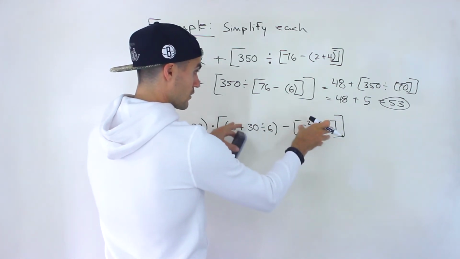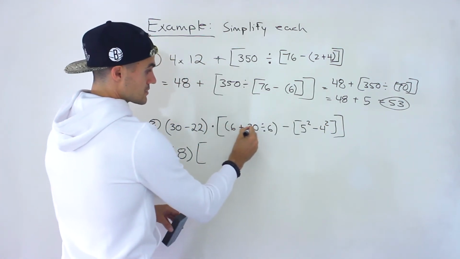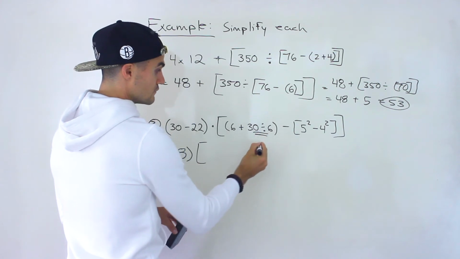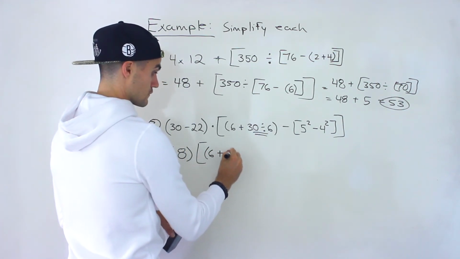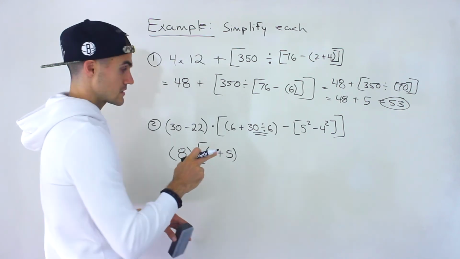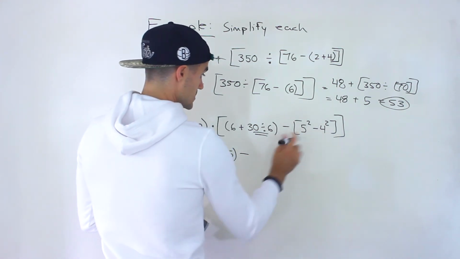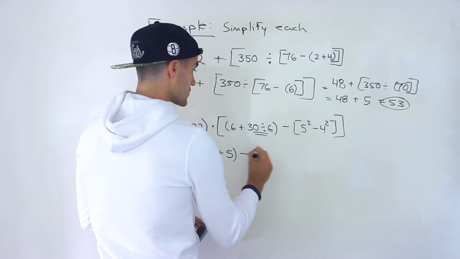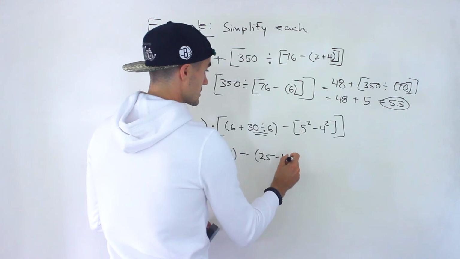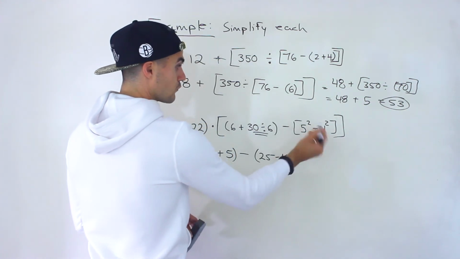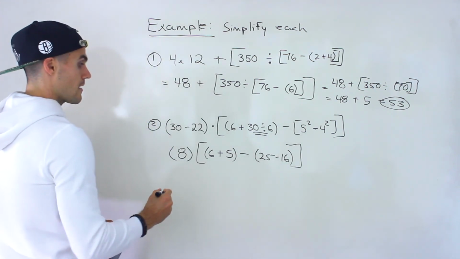If we go within those two brackets, both of them, we'll have 6 plus 30 divided by 6. So we've got to do the division first here. So that would be 6 plus 5. Right? 30 divided by 6 is 5. Minus, in this bracket, we would have 5 to the power 2 minus 4 to the power 2, which would be 25 minus 16. We have to do the exponents first before the subtraction, and then we can close off that.